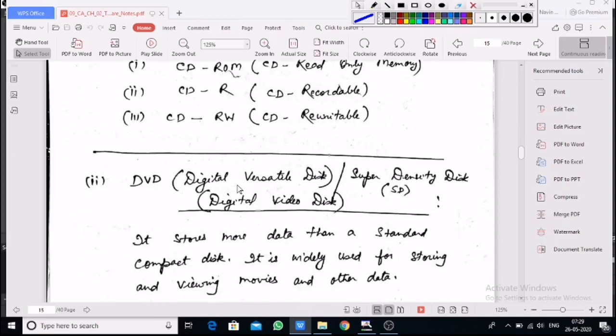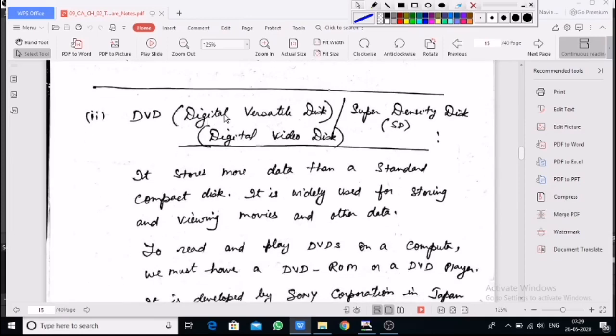Then again, DVD. The full form of DVD is digital versatile disc or digital video disc, and it is also known as super density disc because it stores more data than a CD, right?